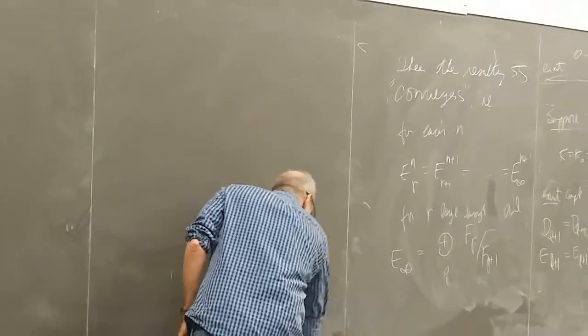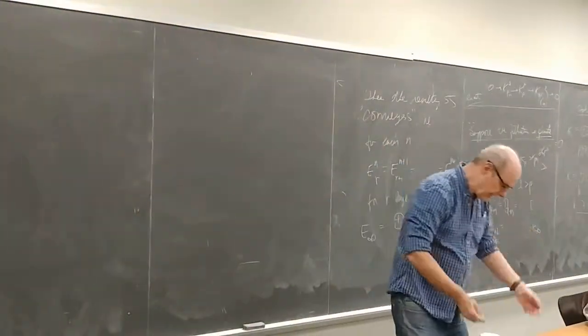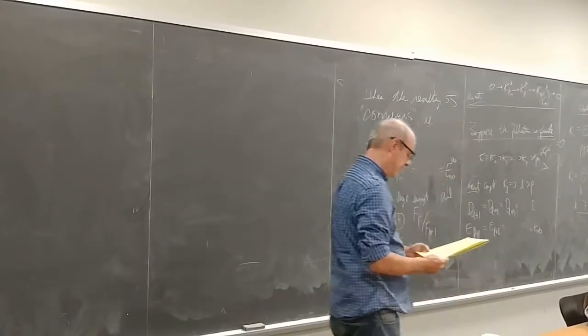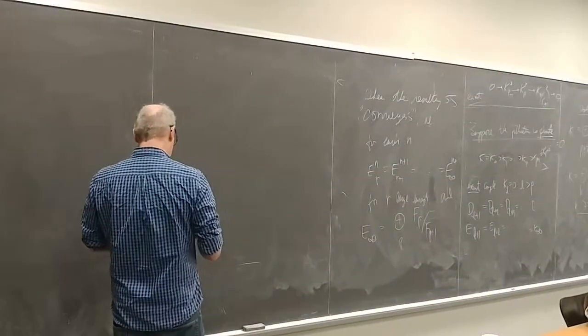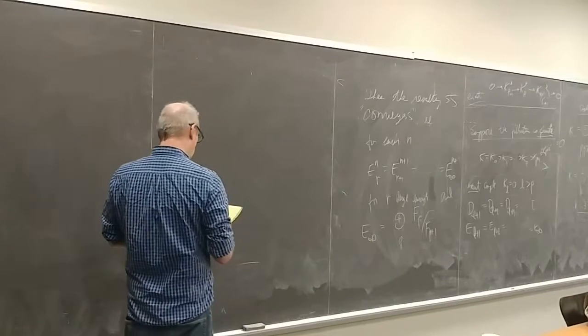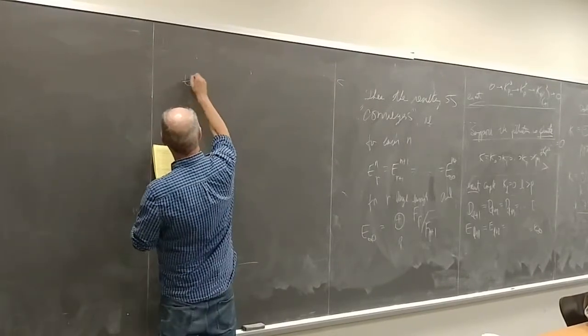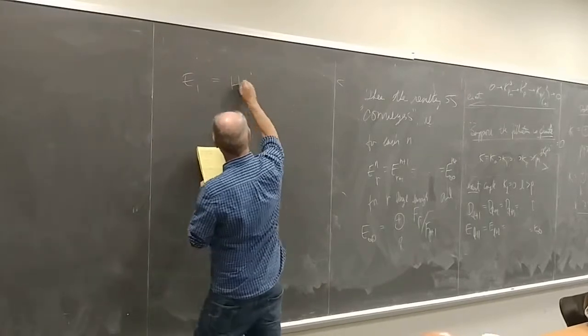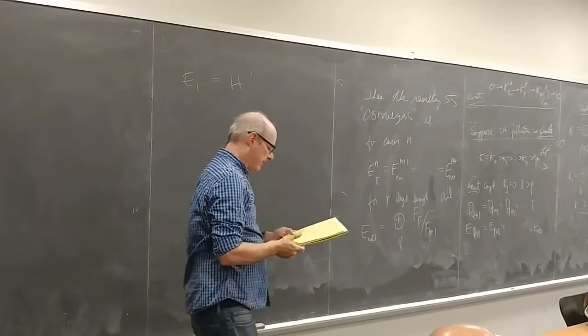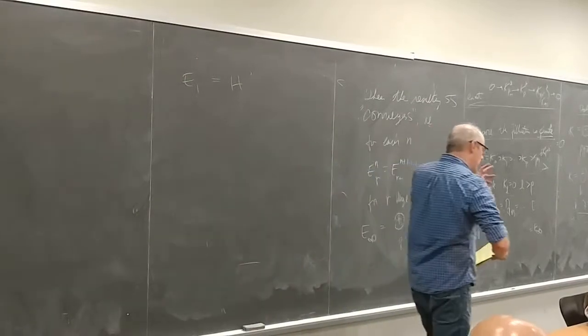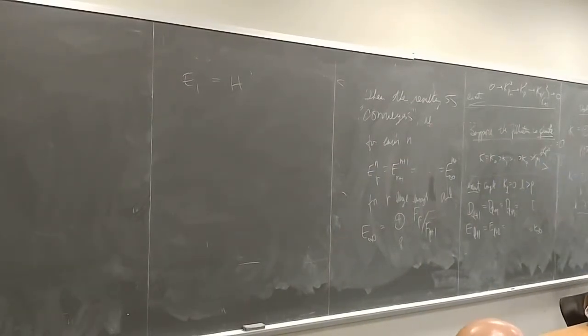Now I'm going a little bit fast because we're sort of out of time, but I'll just jot down the upshot of this. So the E1 term, we have to think about this just a little bit, but you don't have to think about it too hard.